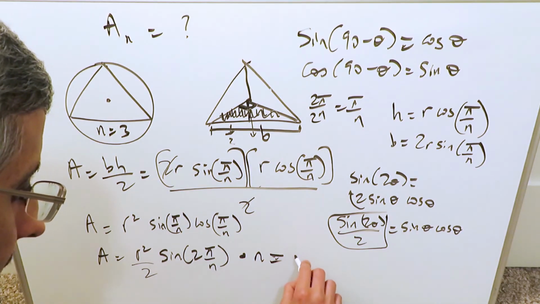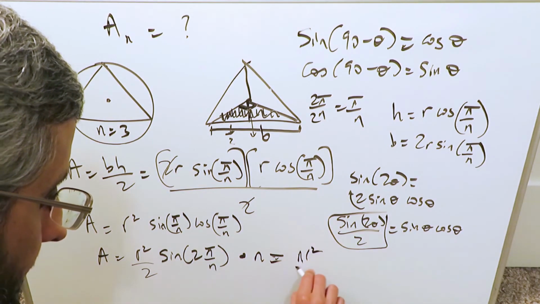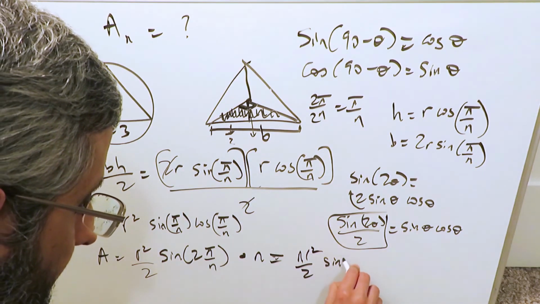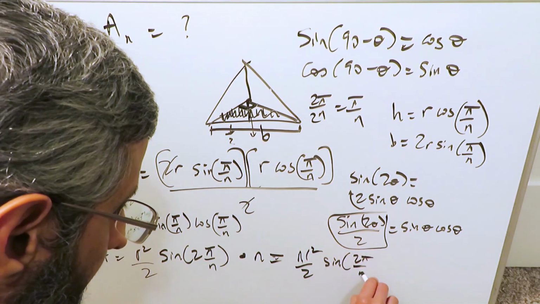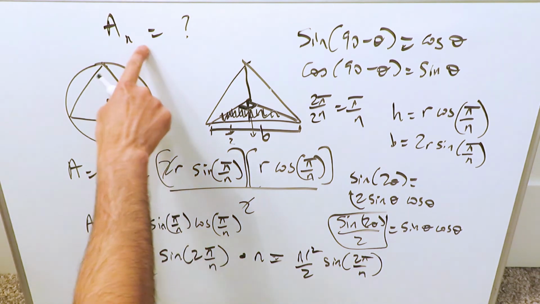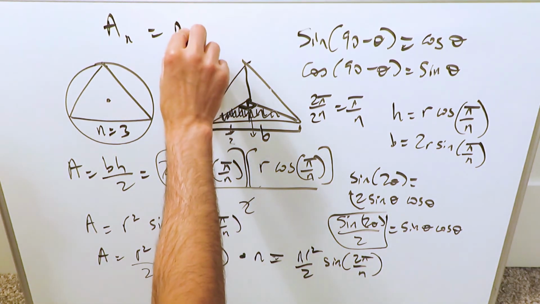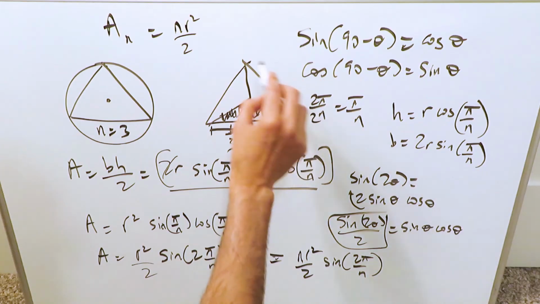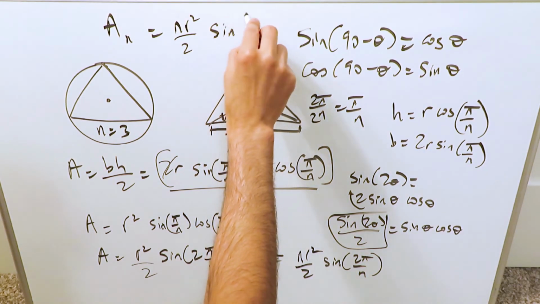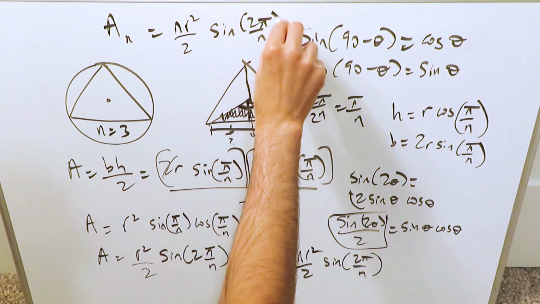It would be n r squared over 2 sine 2 pi over n, and that represents this right here, and I'll bring it for you over here. The area of any regular polygon inscribed in a circle is always equal to n r squared over 2 sine 2 pi over n.